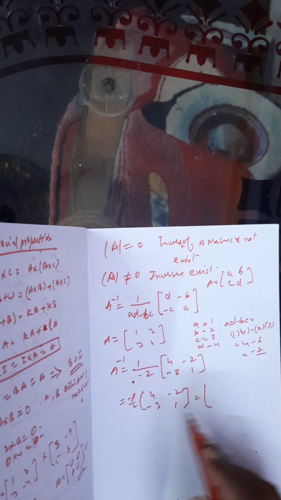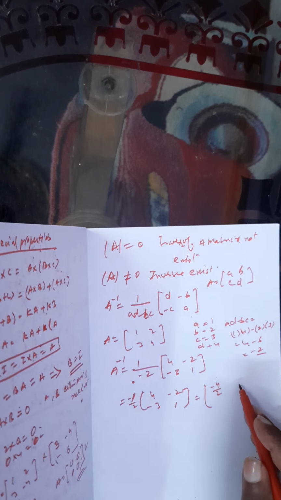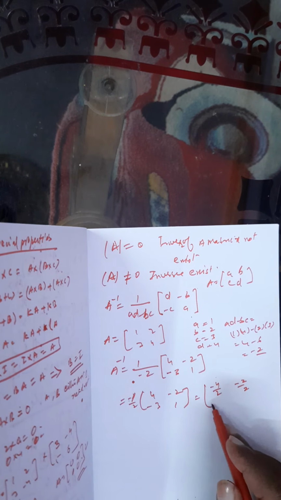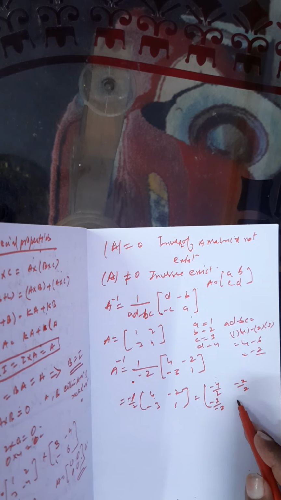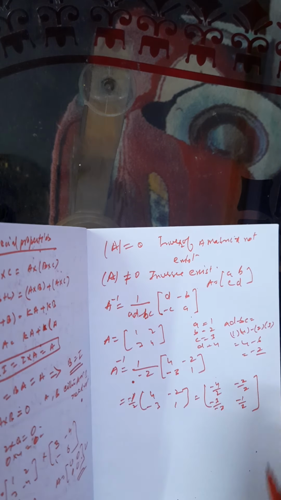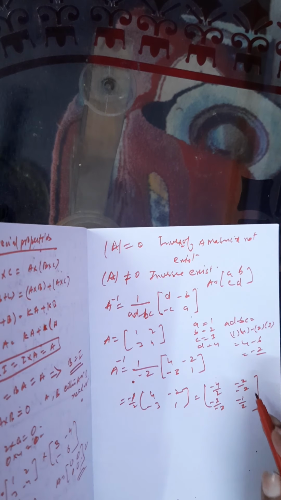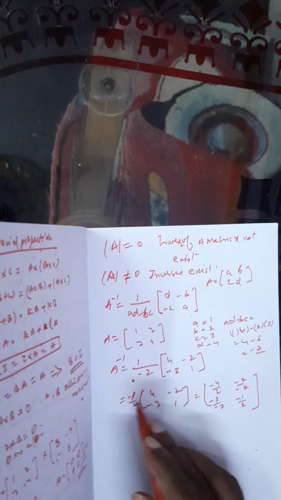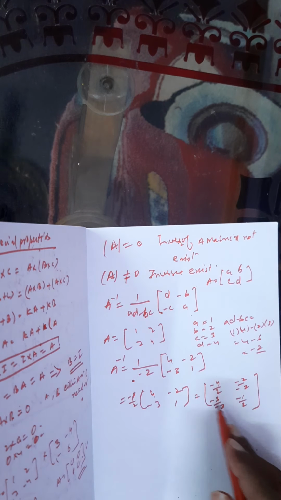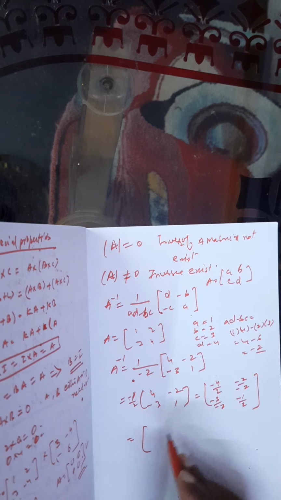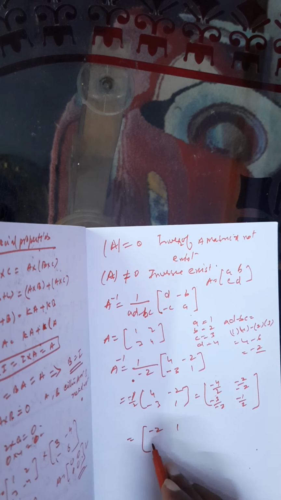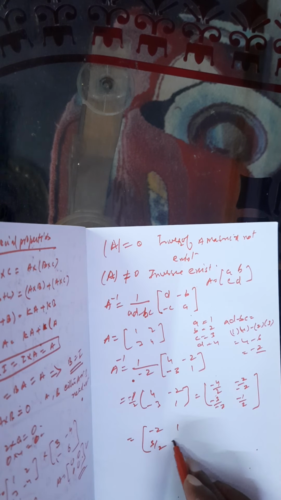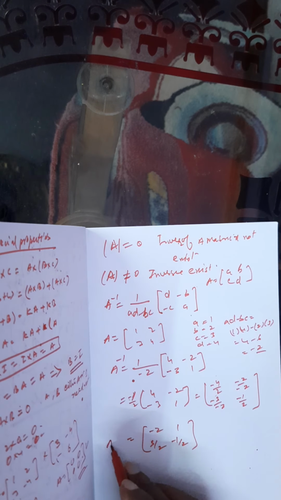If you multiply it, you get minus 4 by 2 as the first element, minus 2 by 2 as the second element, minus 3 by minus 2 as the third element, and 1 by minus 2 as the last. With the signs, we simplify again: minus 2, then minus minus becomes plus, so the third element is 3 by 2 and the last is minus 1 by 2. So this is the A inverse matrix.